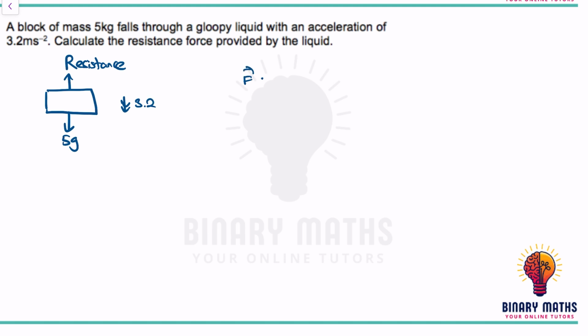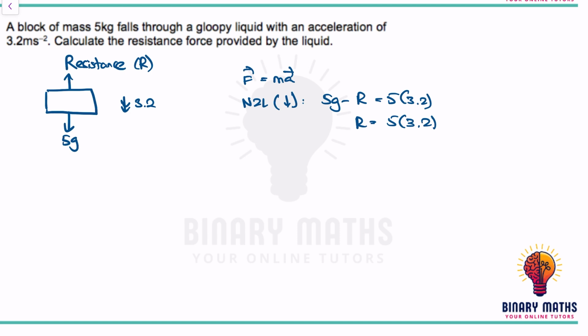So F is equal to mass times acceleration, Newton's second law going vertically. So it's moving down. So that means 5g minus resistance, which is R, must be equal to mass, which is 5, times acceleration, which is 3.2. So resistance will be 5 times 3.2. No, sorry, that's not how you rearrange it. It will be 5g take away 5 times 3.2.